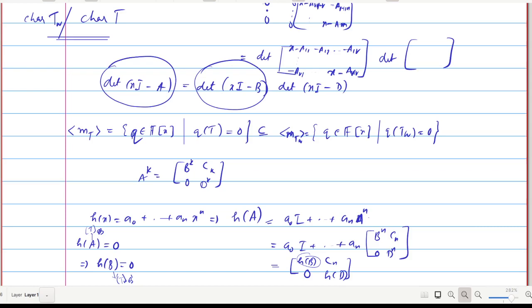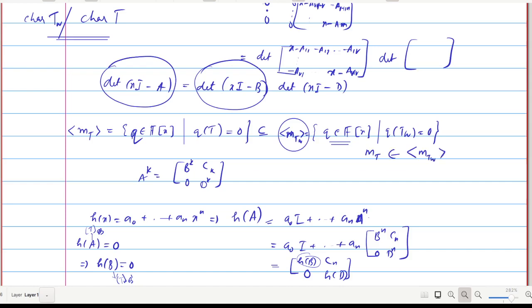But we know that this is the smallest such polynomial which annihilates tw. So every element of this set is an element of this set, which means mt, the minimal polynomial for t, is also an element of this set.